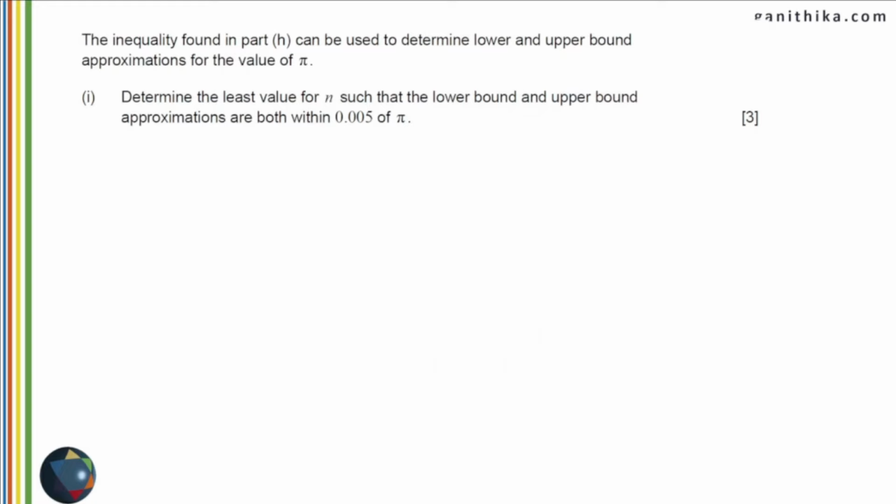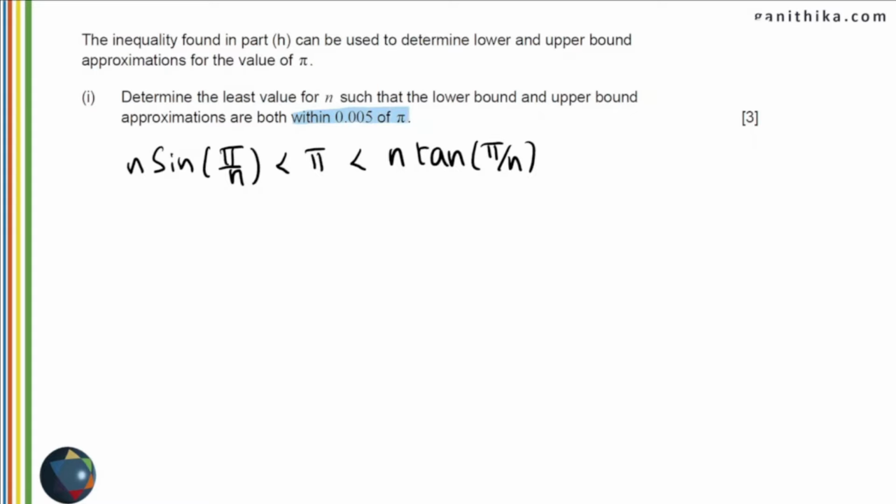Using part H, which is this inequality, if you could not come to this inequality, it might be slightly difficult, but still you will get the method marks. So proceed with whatever inequality you got in the previous question, but you are supposed to find the approximation of pi plus or minus 0.005 here.